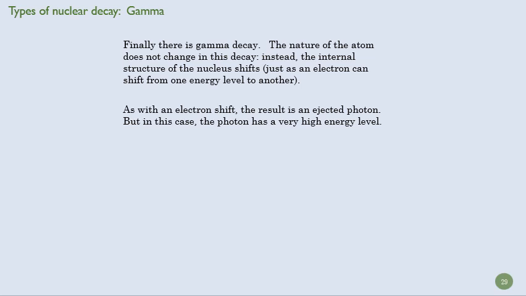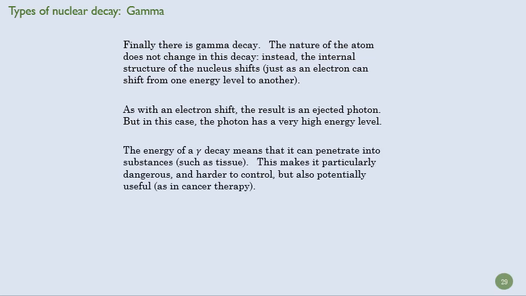With this change in energy, a photon is ejected, and a photon that has a very high energy level. What does that mean? Well, it means it's a really high frequency, right? And that gamma particle can penetrate substances such as human tissue or biological tissue, and that makes it dangerous, right? But also something that we use in things like cancer therapy.